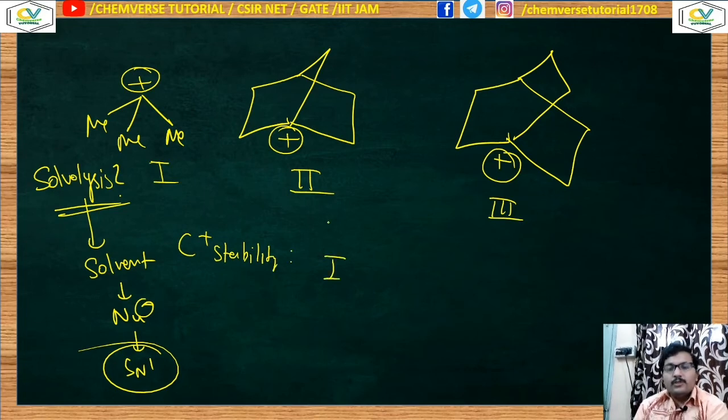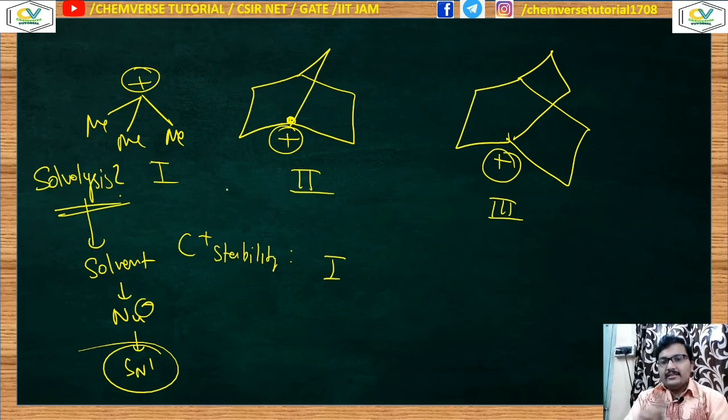For 2 and 3, the stability will be much less, because this is the bridgehead position, and at a bridgehead position the positive charge and double bond are not allowed. Now why is it so? Because the bridgehead position is a rigid system and the carbocation intermediate needs planarity. For a rigid system, this kind of planarity cannot be attained, so these are much less stable than this one.